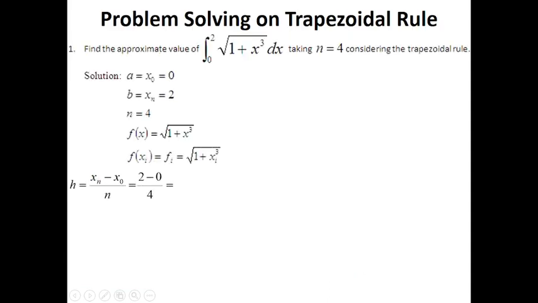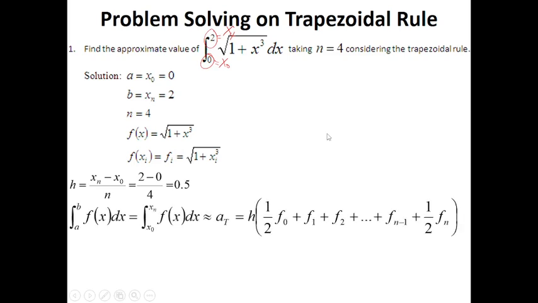So this is x sub 0, and this is x sub 4, which is equal to 2. And we get h equals 0.5, no? We get 0.5.